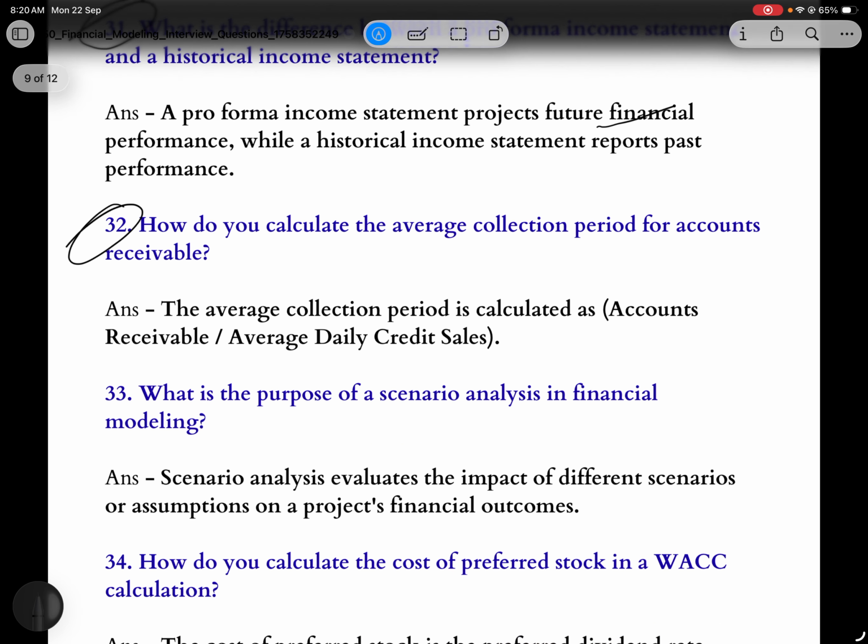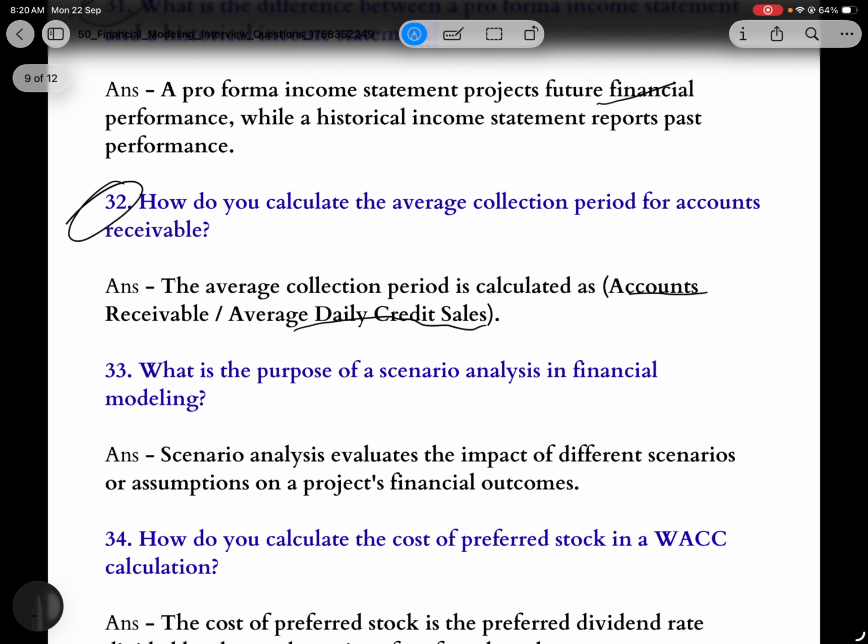Average collection period is accounts receivable divided by your average daily credit sales. So that's your average collection period: accounts receivable divided by average daily credit sales.